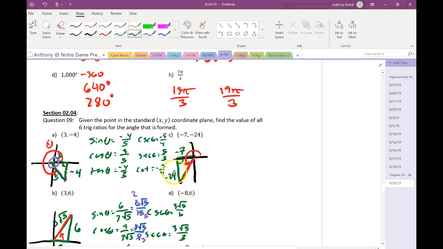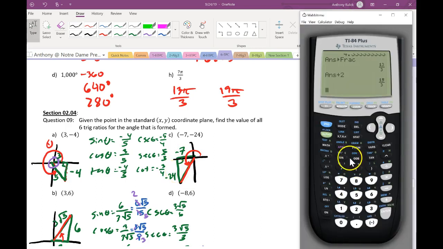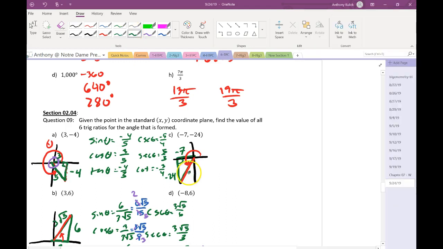And now if I want to calculate the hypotenuse, I have to do the Pythagorean Theorem. I'm going to use the calculator to chicken out and do this. So the square root of 7 squared plus 24 squared. Notice I dropped the negative sign since squaring them gets rid of the negative anyways. Is the 25. I think we might have did that already. Gosh, I can't believe I didn't remember that.